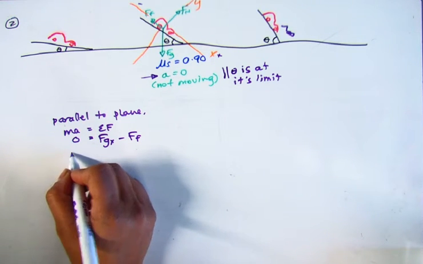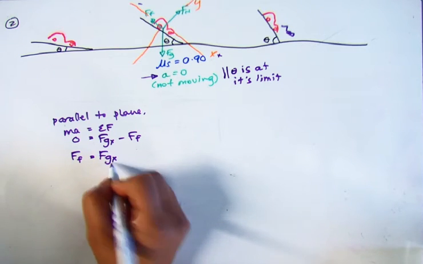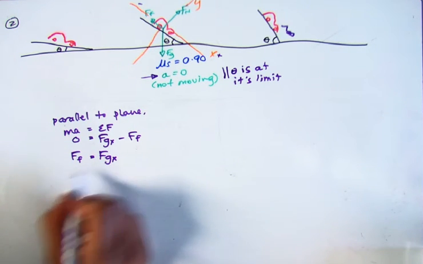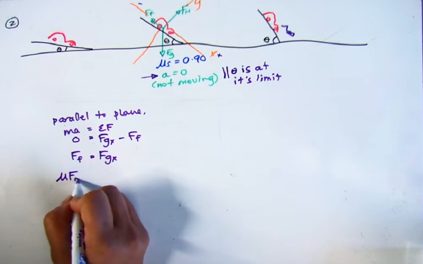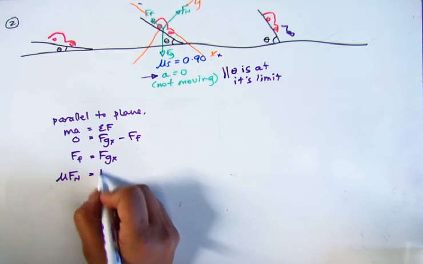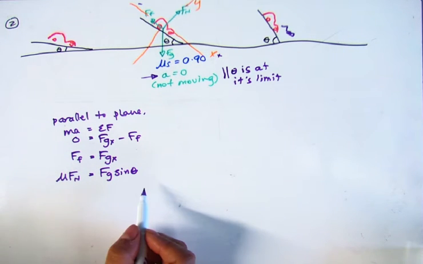So what we can see is that friction has to equal the x component of gravity. Let's expand these two expressions, because we know Ff is mu Fn, and we know that Fgx is Fg sine theta.